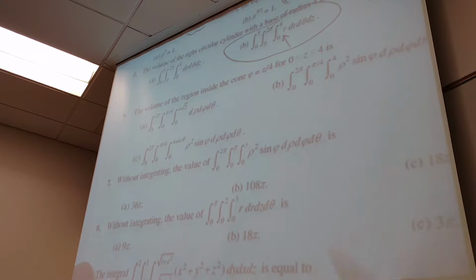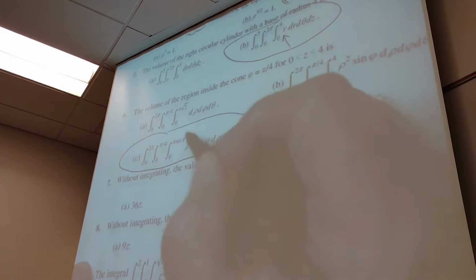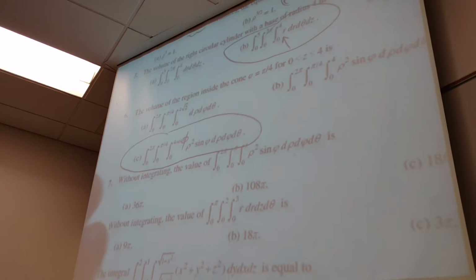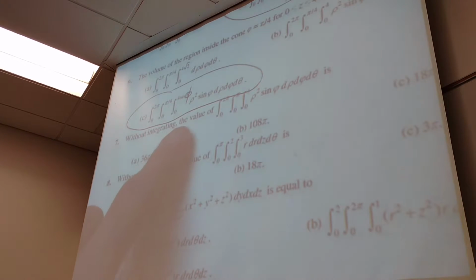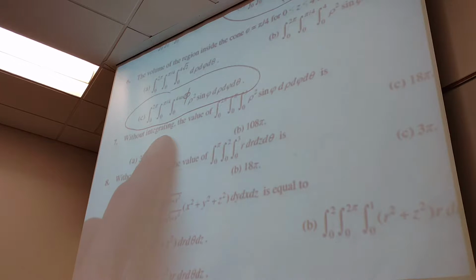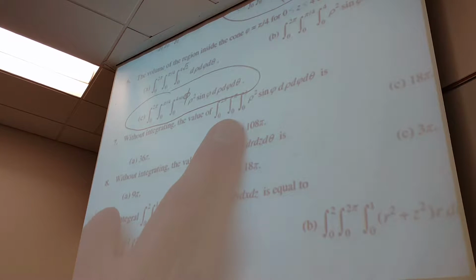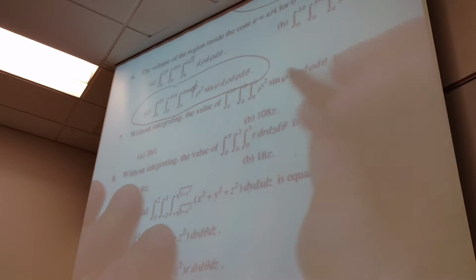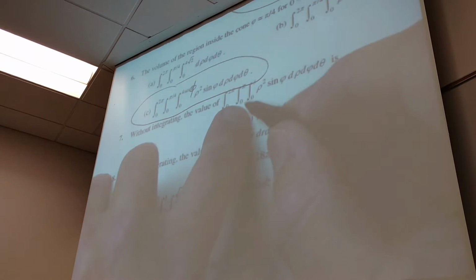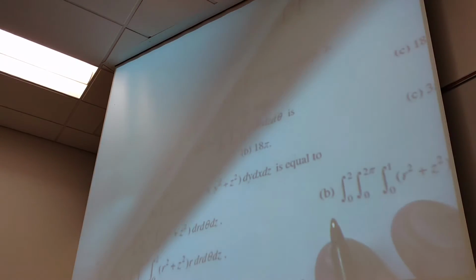This one we already talked about. It's going to be C. Realizing this is phi there. Whenever it says without integrating, it pretty much means treat it geometrically. So what shape does this make? It makes a sphere. Is it a perfect sphere? Yeah, it'll be 0 to 2 pi, 0 to pi, 0 to, what's that say, 2? 3. 3, okay.